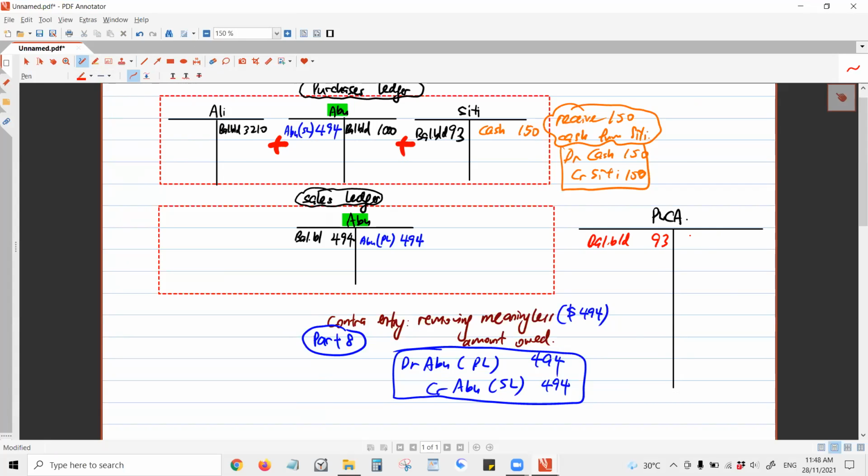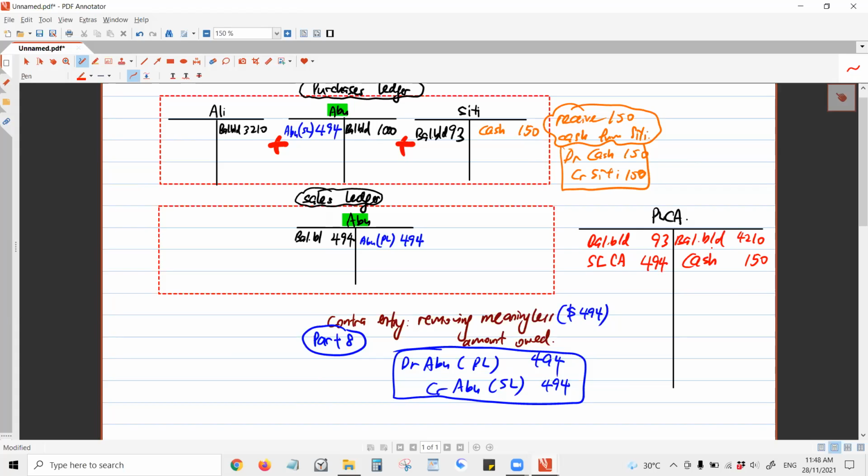Let me settle the debit side first. Debit side, I have 494, this is the contra entry. Here we should write sales ledger control account. Then on the credit side, what do I see? These two amounts, combine the balance BD, 4210. And then on the credit side, I also have this 150. So right here, 150 cash.